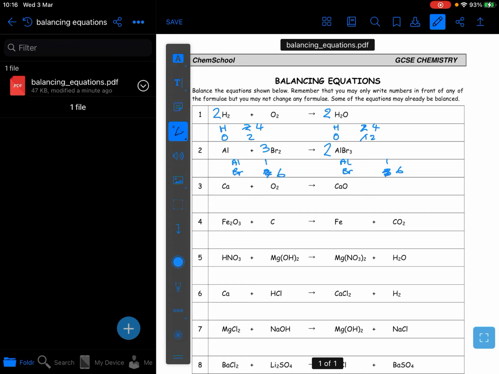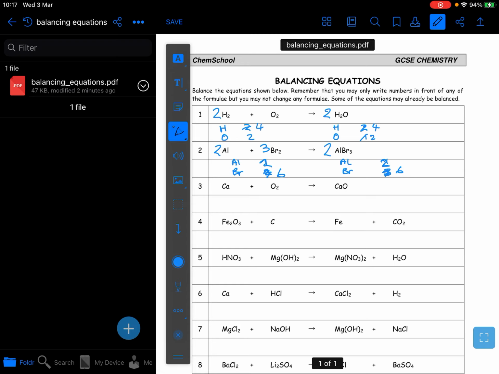So that makes your life a lot easier. Just a quick note, that also turns into a 2 because you've got 2 lots of aluminium there. 2 aluminium, 6 bromine. On the left hand side, 1 aluminium, 6 bromine. We can correct that by putting a 2 in front of the aluminium.